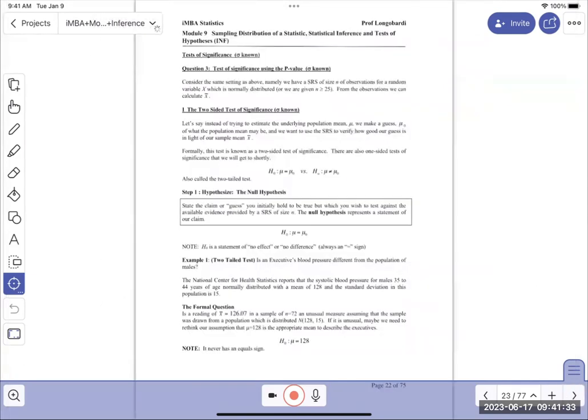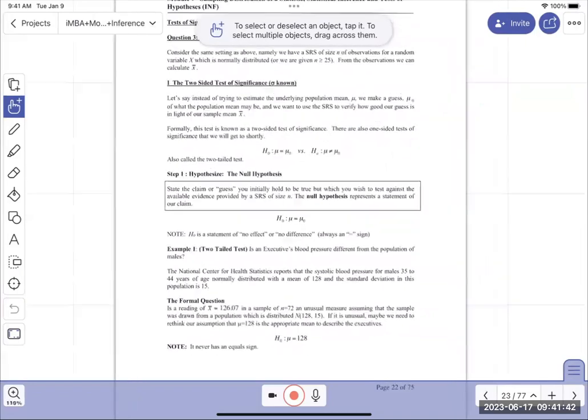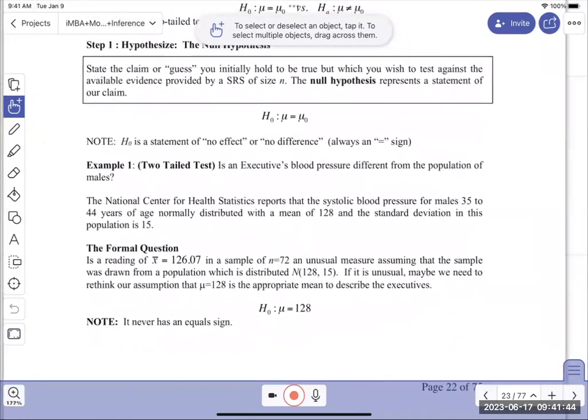All right, so let's look at significance testing. The first exercise is this one.